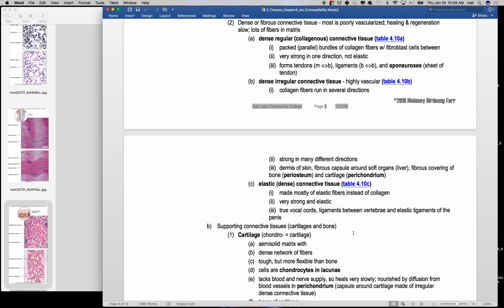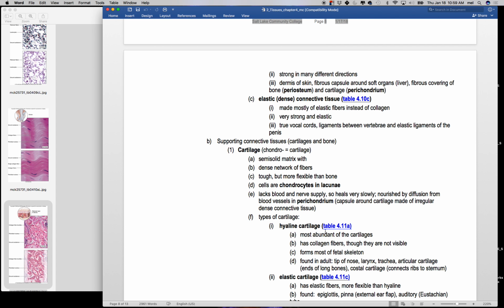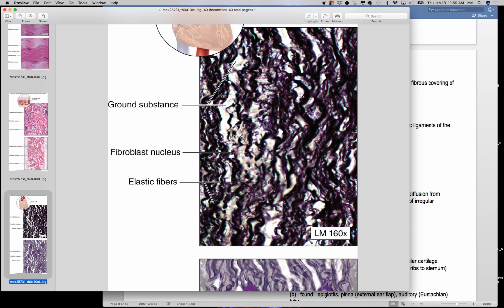So that's dense, irregular connective tissue. And then the last one is elastic dense. Okay, elastic dense connective tissue is this guy right here. It just looks like a freaking mess.